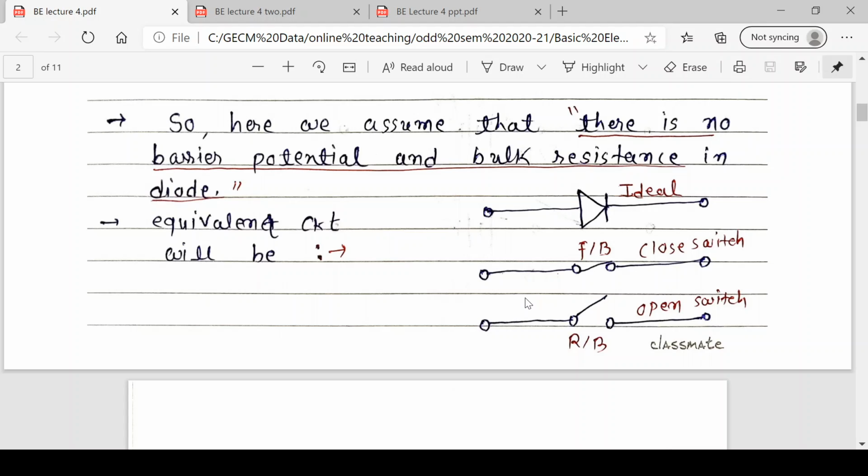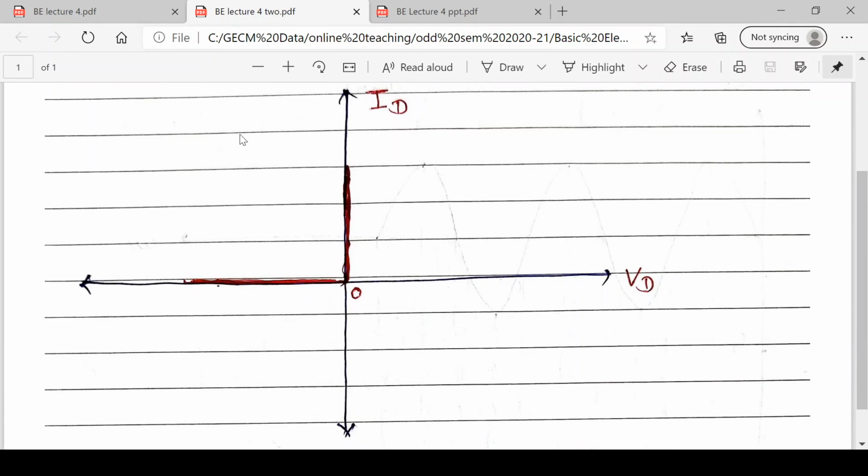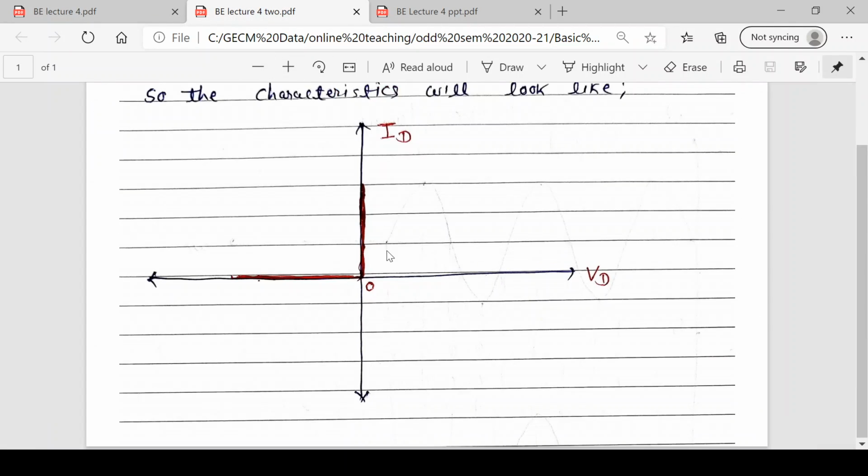So if your diode is ideal, how will its VI characteristics be? It is quite easy to judge. If your diode has slightly greater than zero voltage, your current will be immediately infinite because the diode is fully forward biased and it carries maximum current with zero resistance.